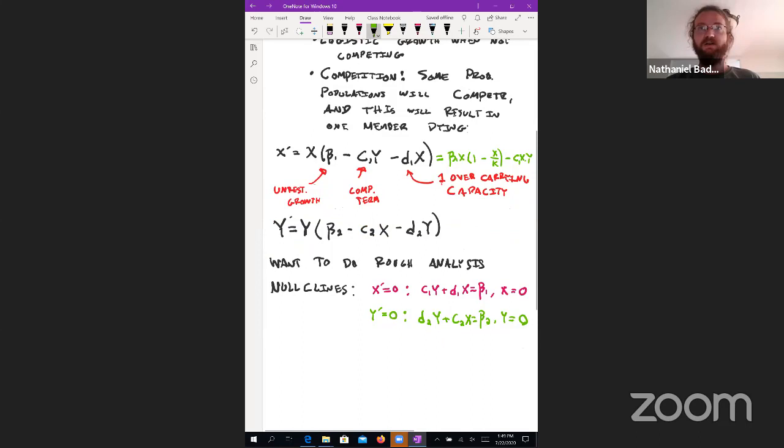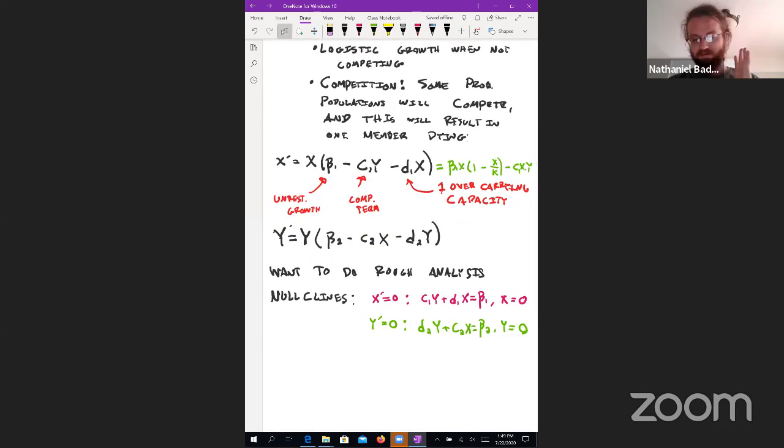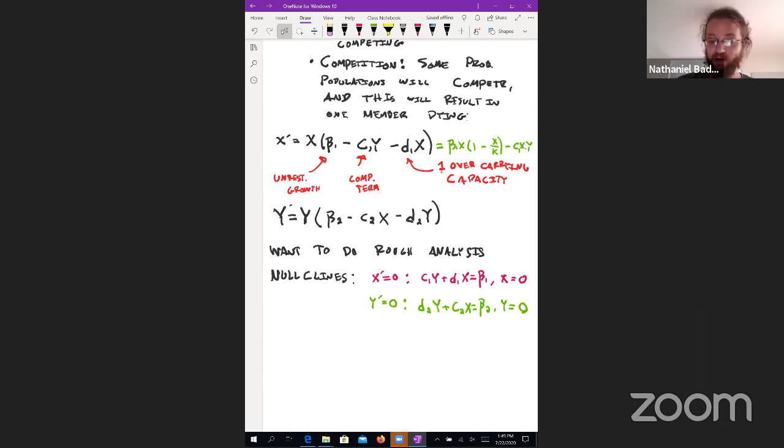So we're going to get our 4 null clines. And how many equilibrium solutions then do we get?